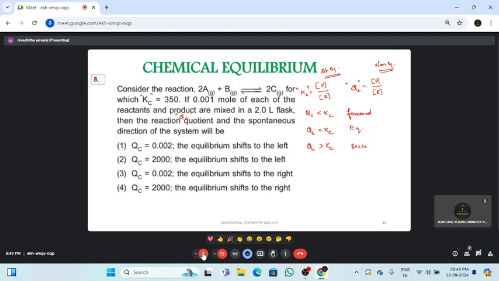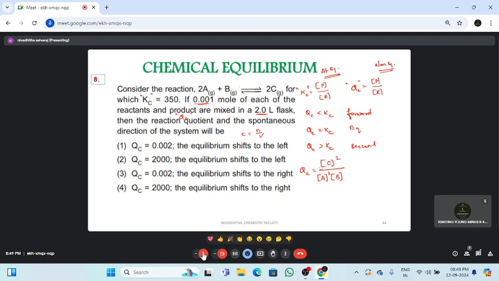That's it. So first find the value of Qc. So the expression is nothing but concentration of product divided by the concentration of reactants. Here we have number of moles and the volume. So concentration is very simple. Number of moles by volume is the concentration. We are provided with number of moles and the volume.